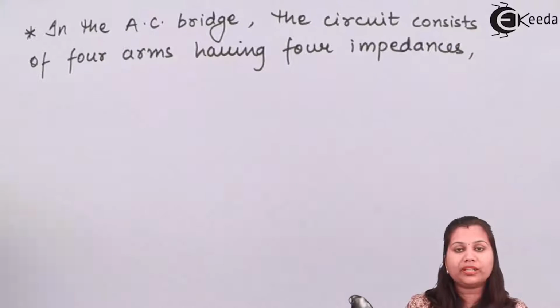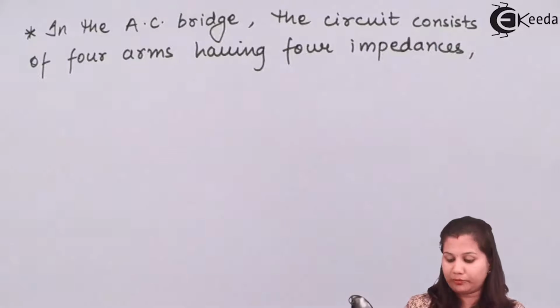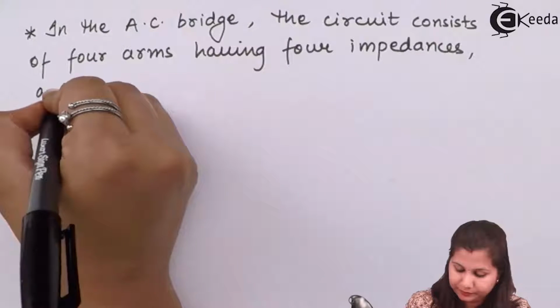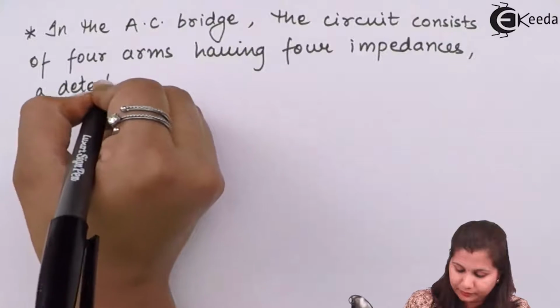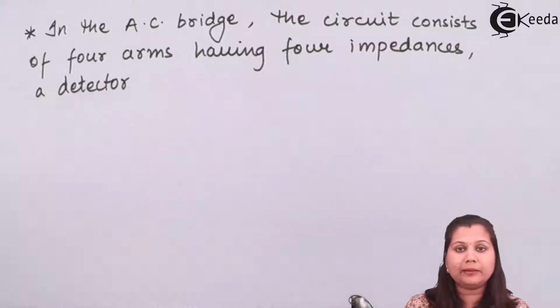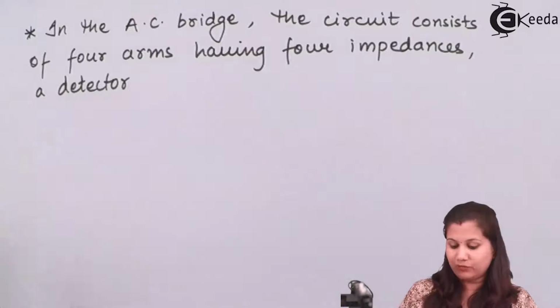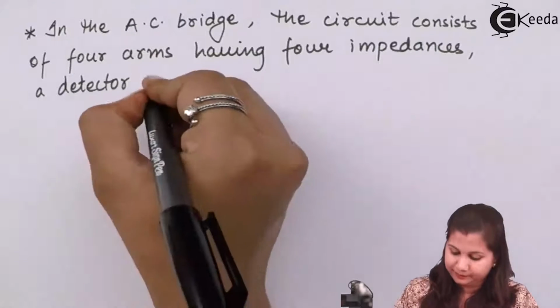Now, instead of the galvanometer in the Wheatstone bridge, in the AC bridges we will have a detector. And in place of the battery which provides the power supply to the bridge, here we will have an AC voltage power supply.